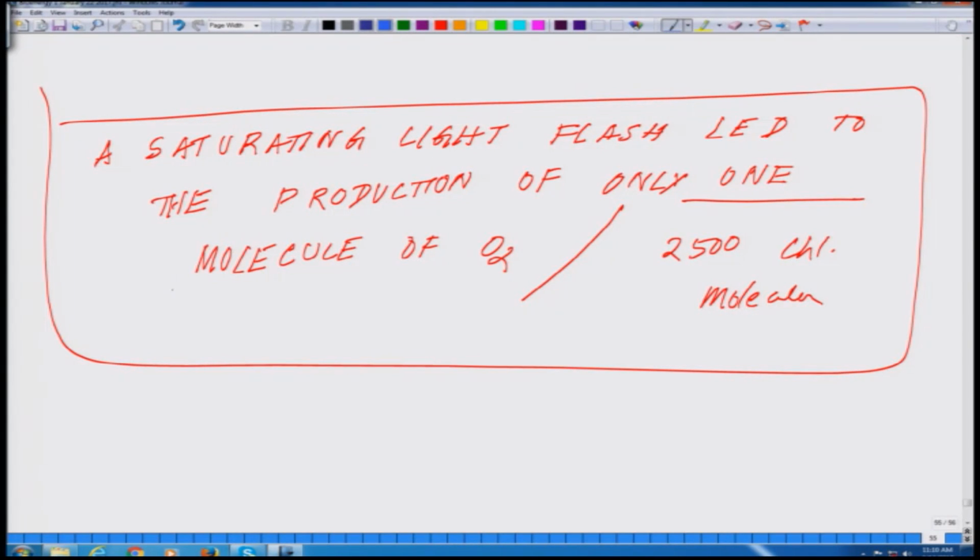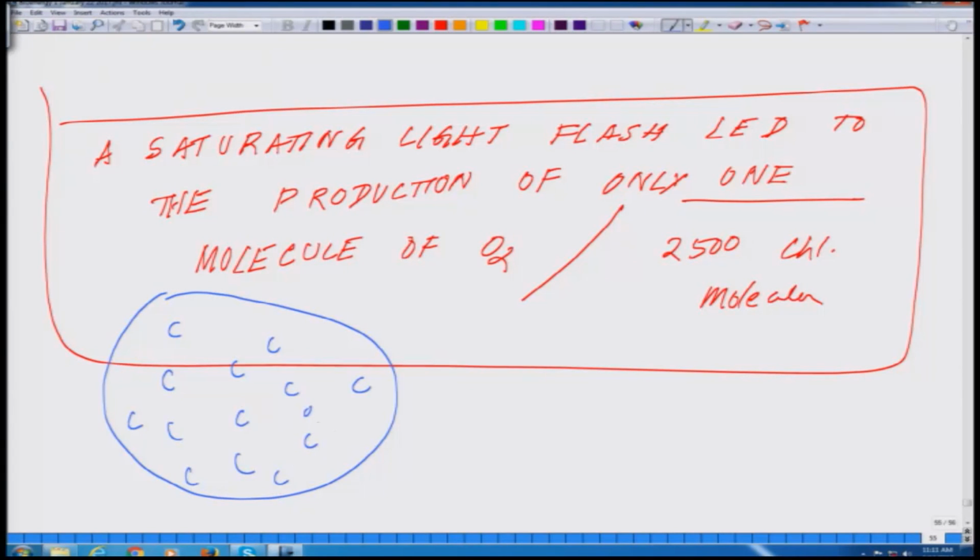First, again revisiting the reaction center concept, these are the chlorophyll molecules sitting at different positions, chlorophyll A, chlorophyll B, and when the light is falling like this, it travels through, and then there is one particular center which we call the reaction center.